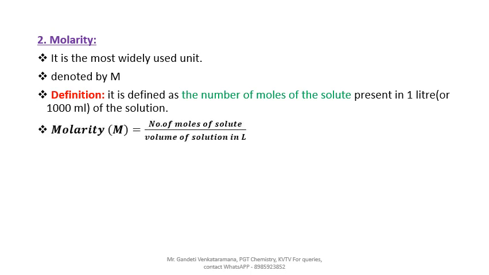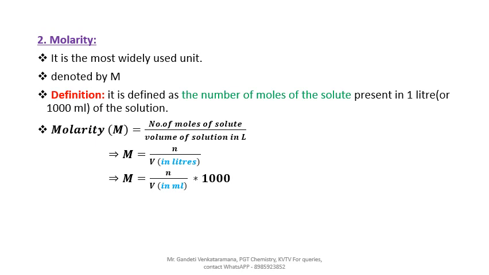Molarity equals number of moles of the solute divided by volume of the solution in liters. Second one, I will show you. Molarity M equals number of moles of the solute N divided by volume of the solution in liters, capital V. Next, M equals N by V in ml.